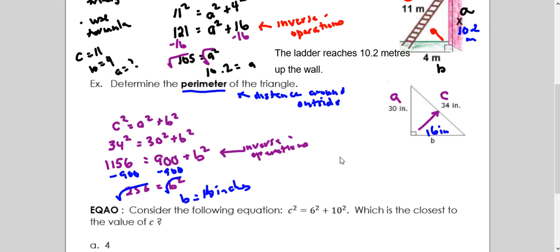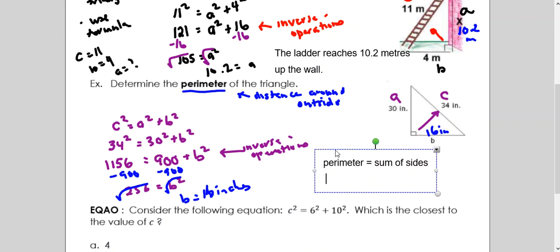Well, guess what I can do with the perimeter? I gotta add up the sides. So I can say this is 30 plus 34 plus 16.